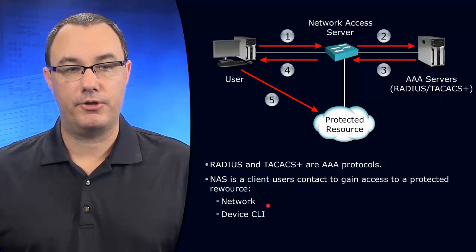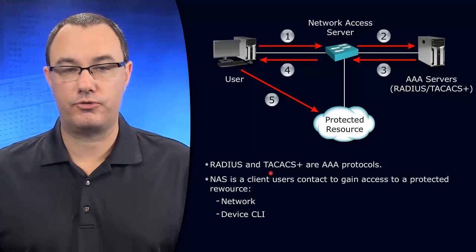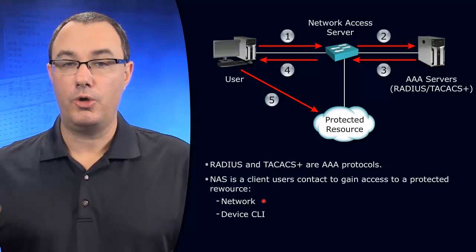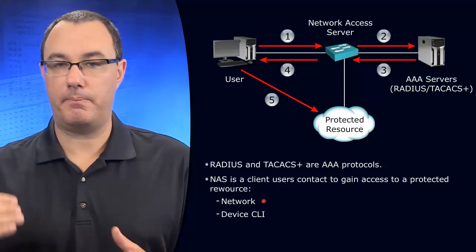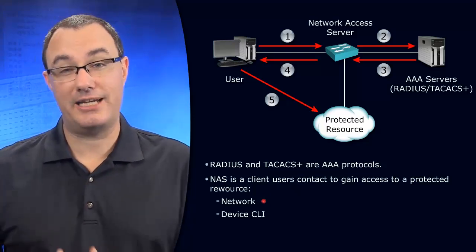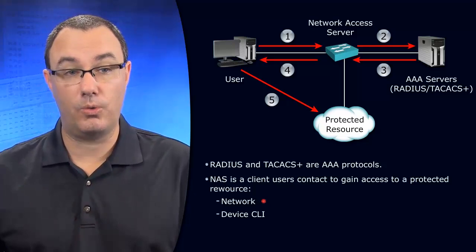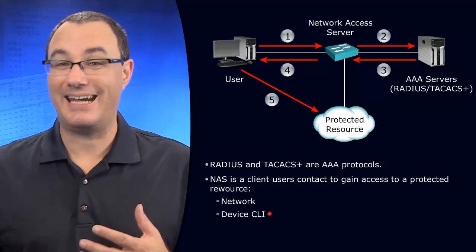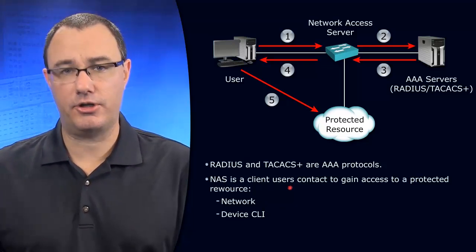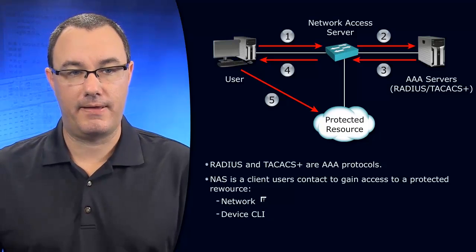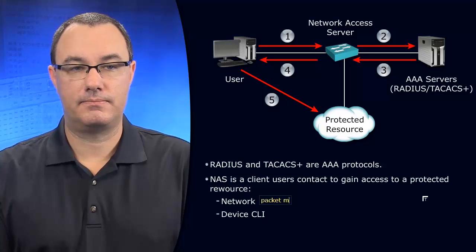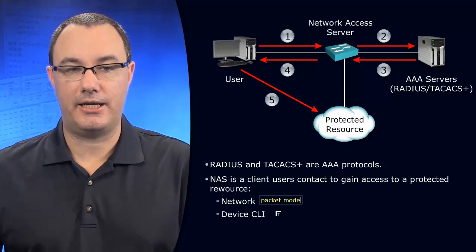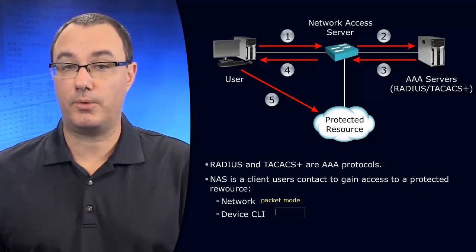Now, the way that we can use AAA protocols is to authenticate network access. That's like using 802.1x authentication to challenge my end clients. This is actually called packet mode, where we're authenticating people trying to get access to the network.